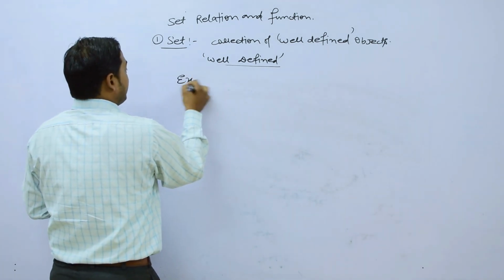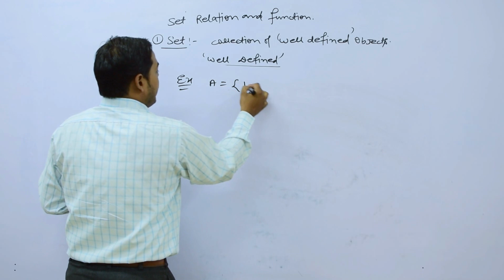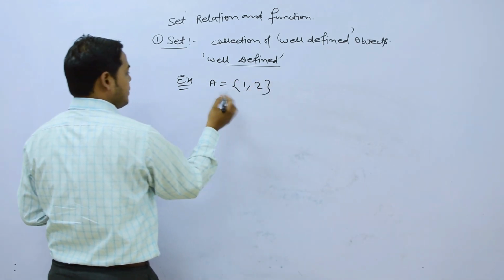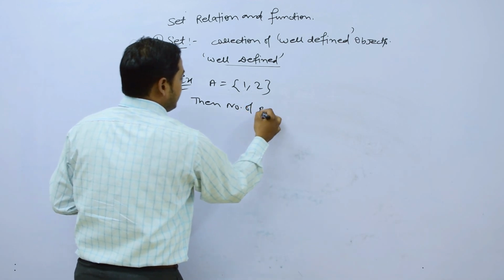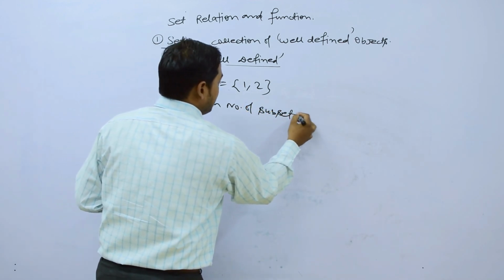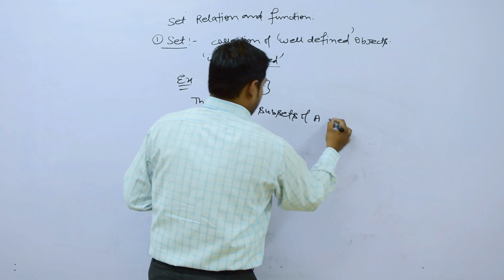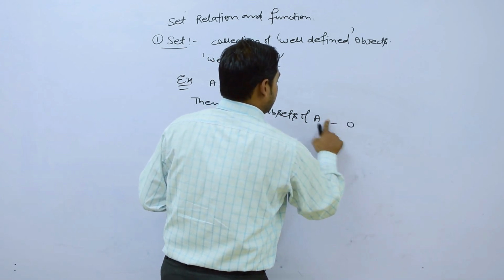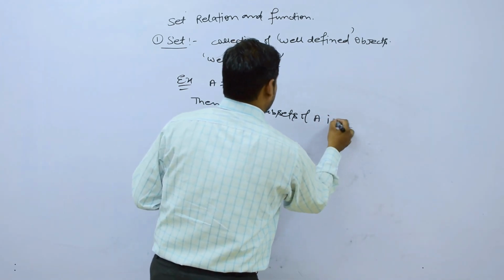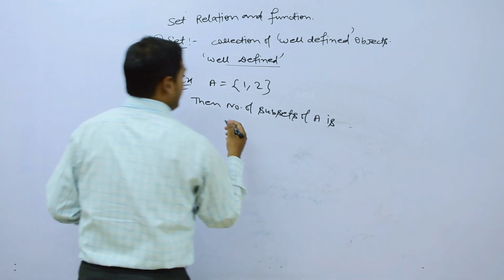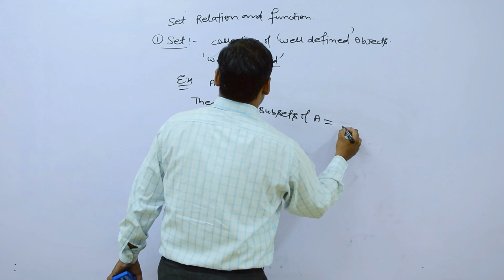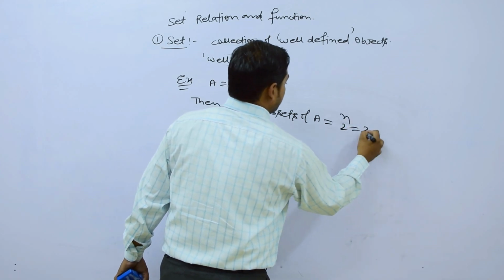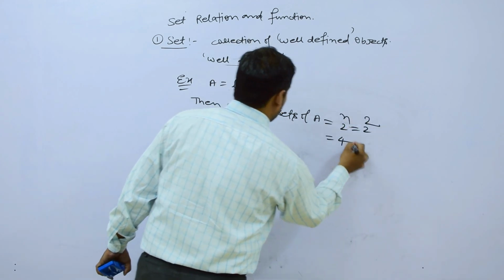Like if we take A equal to 1, 2, then number of subsets of A equal to 2 to the power n, means 2 to the power 2 equal to 4.